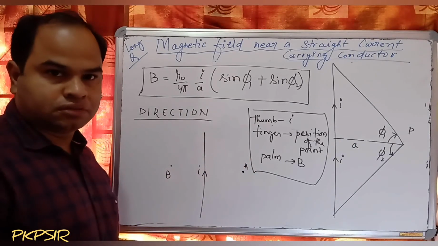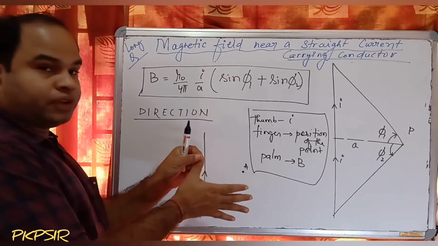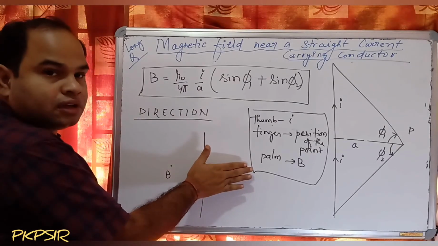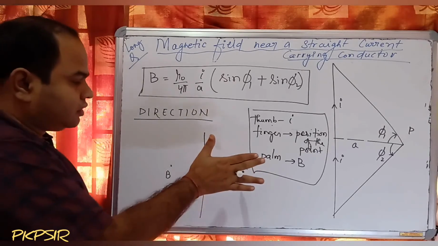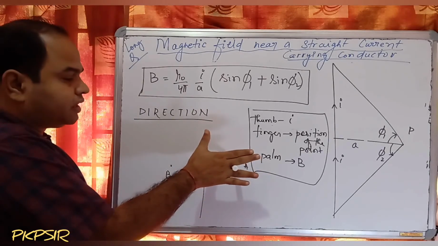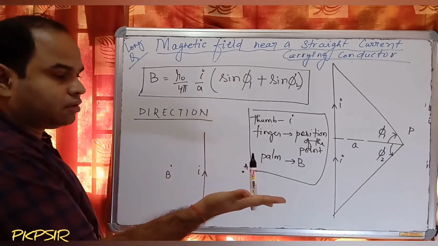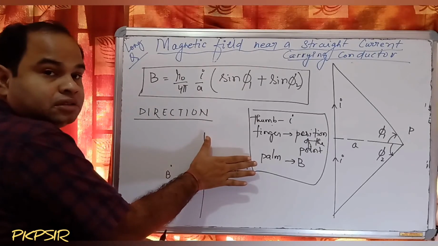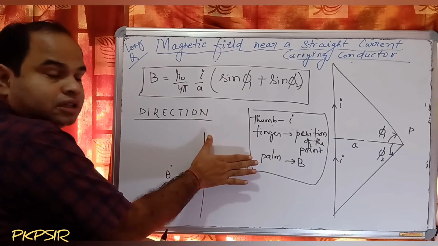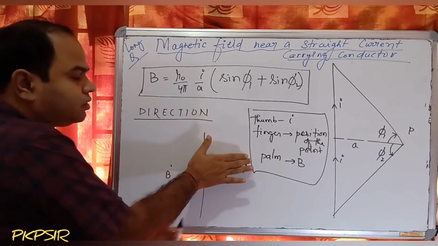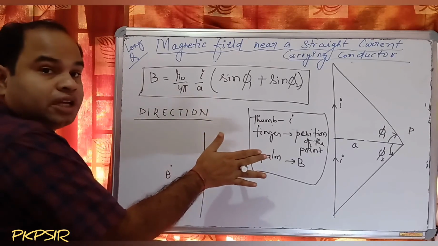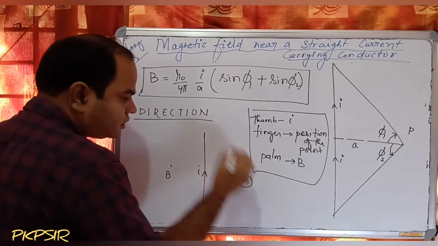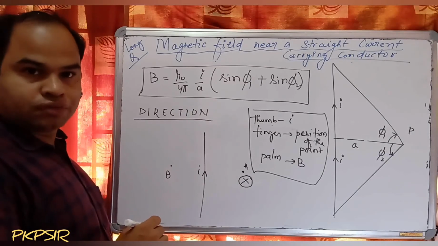The direction of the palm is inward. So the magnetic field at position A is in the inward direction.